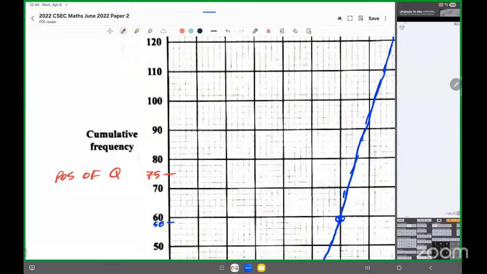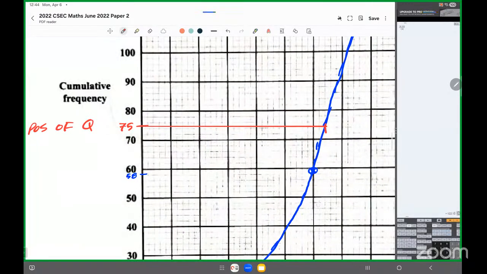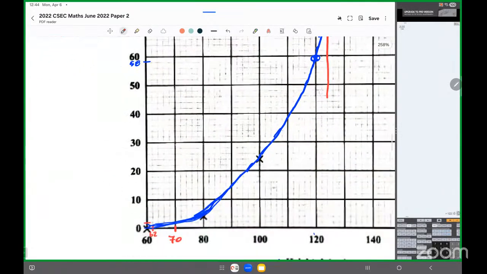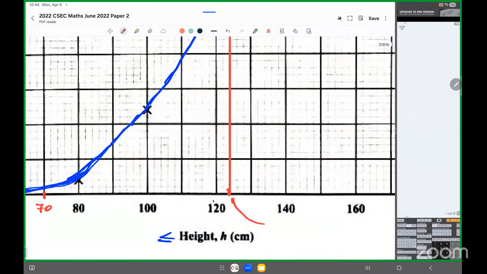Come across on the graph, and then you read it down here. Looks like it's on this line right here, and then you read that value. That's Q2. That's your Q2.